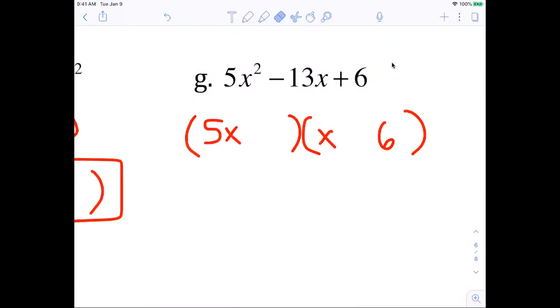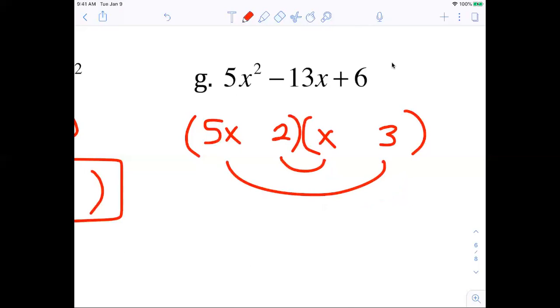And if I were to try 6 and 1, I'm getting closer because that's 5x and 6x, but I still can't get 13 in the middle. So I know that hopefully 2 and 3 works, or sometimes they are not factorable. But if we were to try, let's say 2 and 3, I have 15x and 2x.